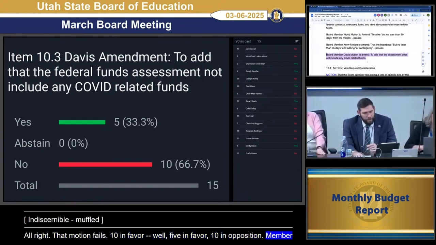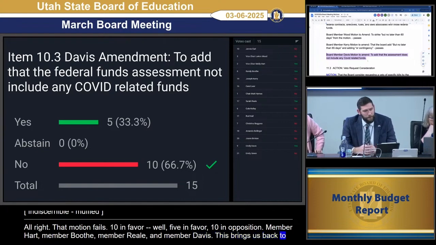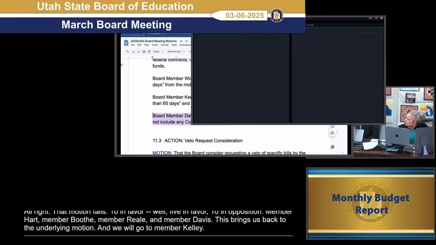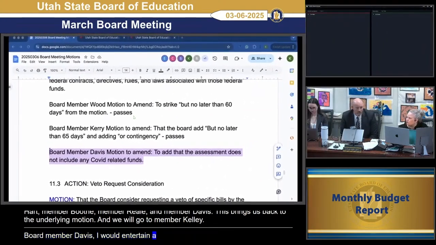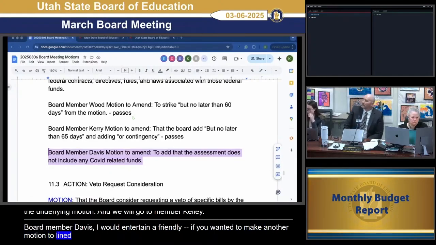This brings us back to the underlying motion, and we'll go to Member Kelly. Board Member Davis, I would entertain a friendly if you wanted to make another motion to line item that out, because I do think that is important to know. Member Davis?